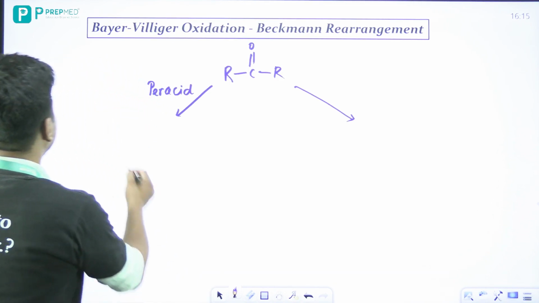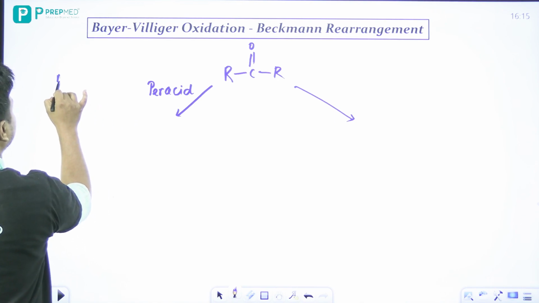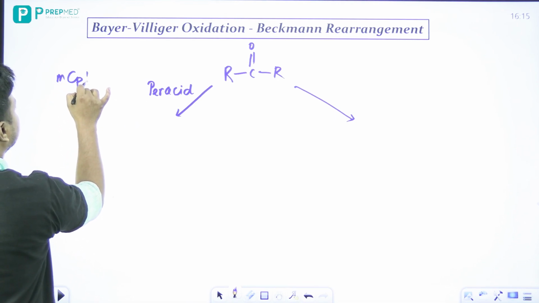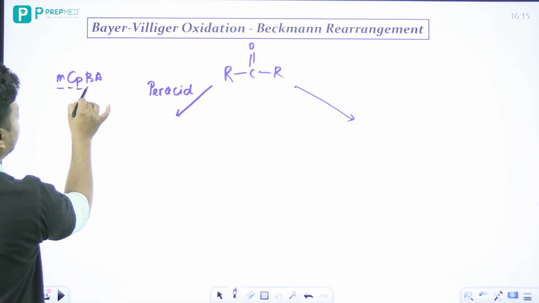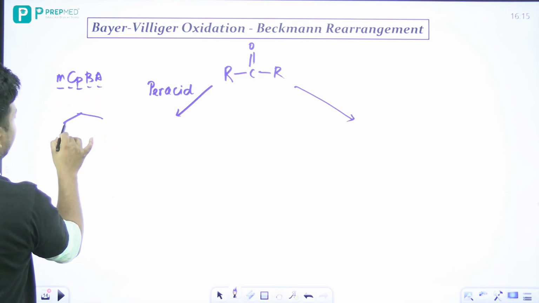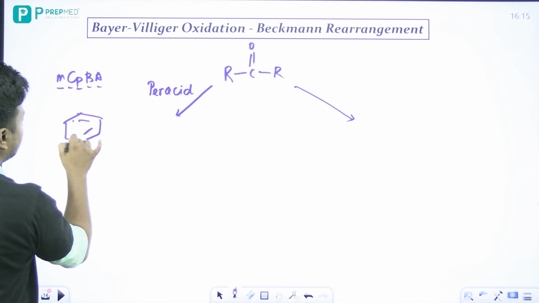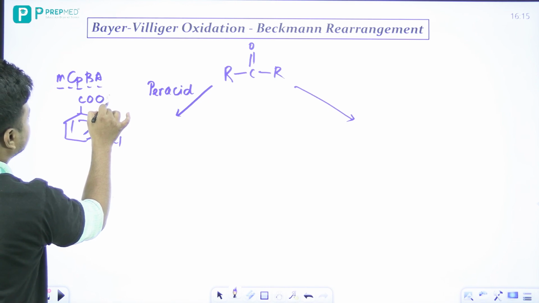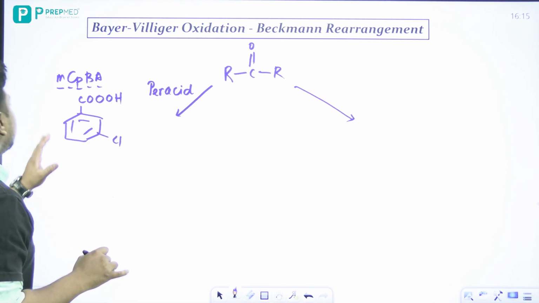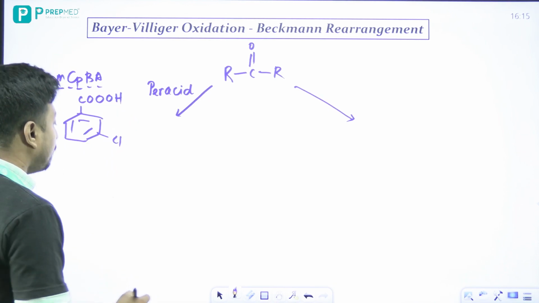MCPBA is a very common reagent, and it is called metachloroperbenzoic acid. Let me write the structure here: a meta position chlorine and perbenzoic acid. This is your MCPBA, metachloroperbenzoic acid.